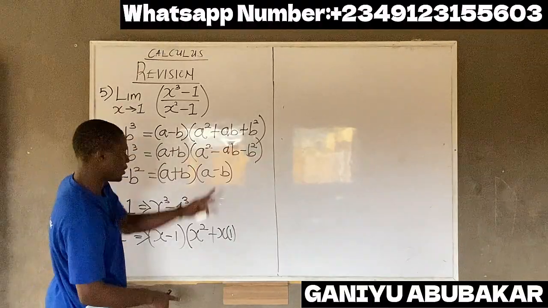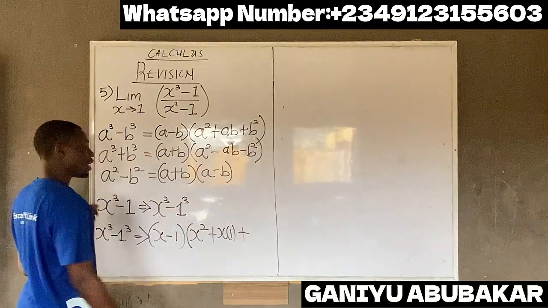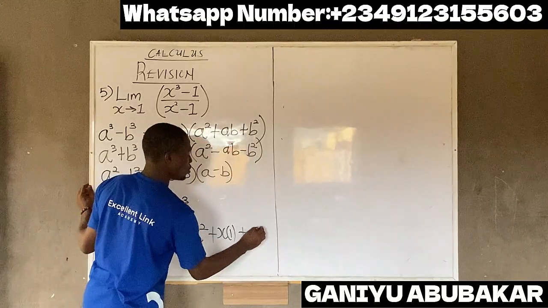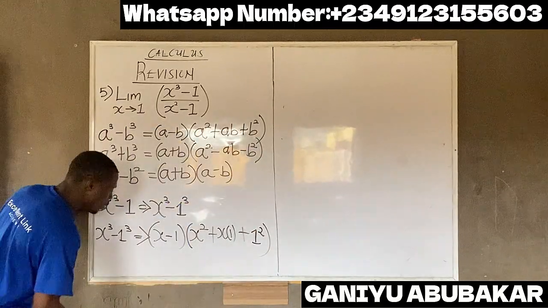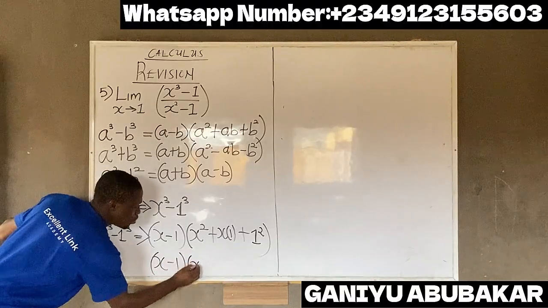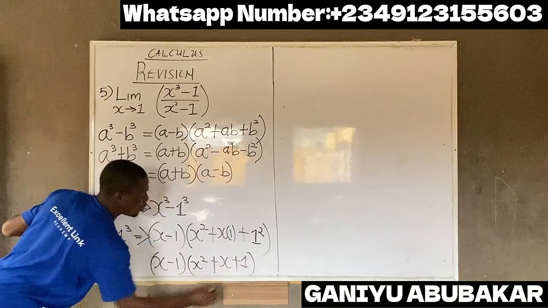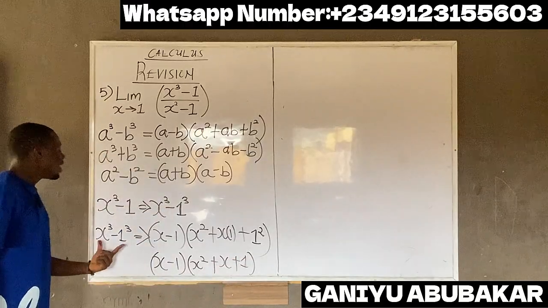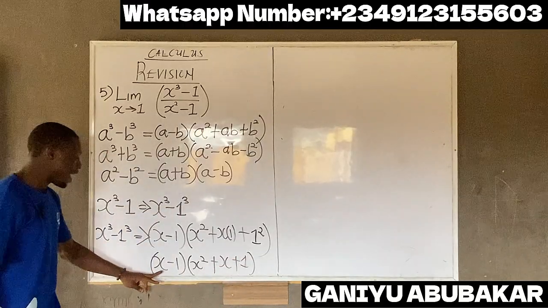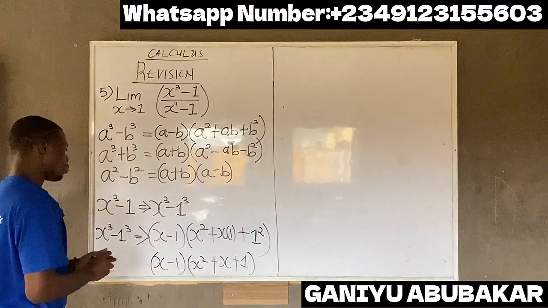Expressing x cubed minus 1 cubed gives x minus 1 into a squared, that's x squared, plus a times b, that's x times 1, plus b squared, that's 1 squared. Working on this gives you x minus 1 into x squared plus x plus 1. So on expanding x cubed minus 1, I have x minus 1 into x squared plus x plus 1.